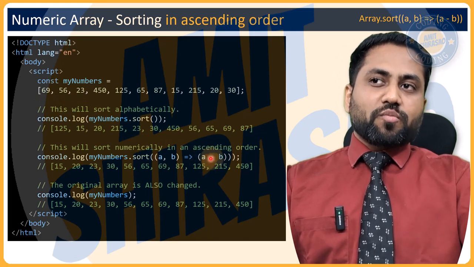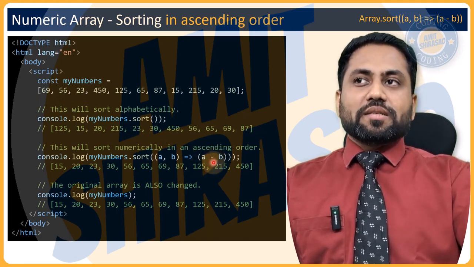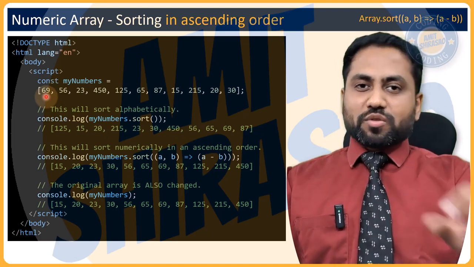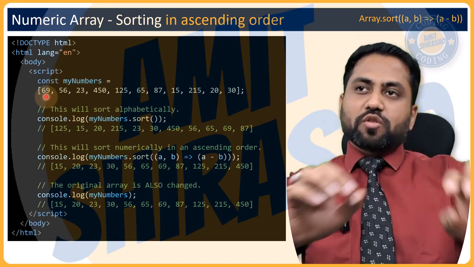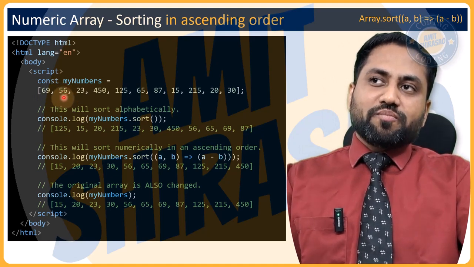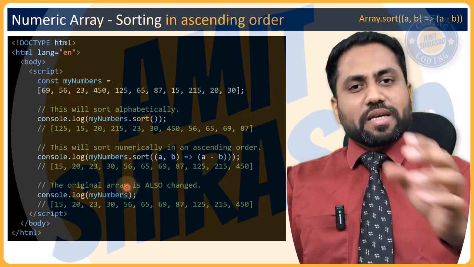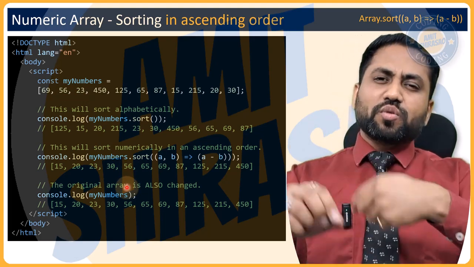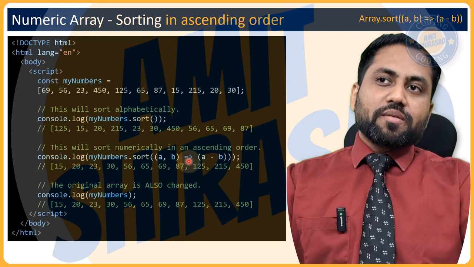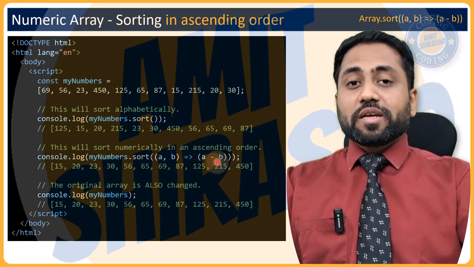So whenever it returns a positive number, it thinks that this first number was greater than the second number, so it pushes the first number towards the end. Then it will again compare the other two numbers, and again it will do the same, and it will keep on doing this till it reaches the end of the array. And this way the array will be sorted in an ascending order.